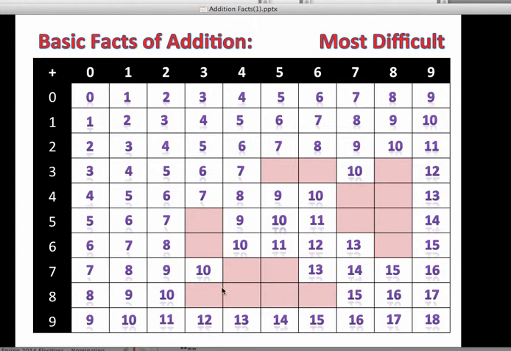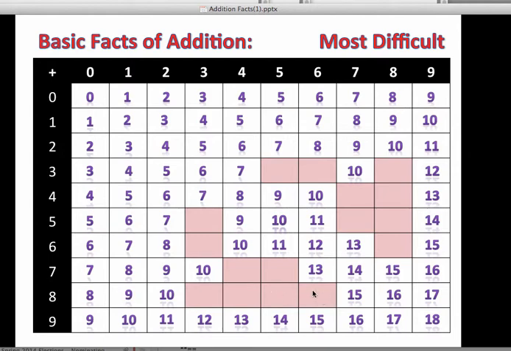And if you think about this, try really hard, but think about the addition problem that you are slowest to answer in your head. For me, probably 7 plus 5. 7, 5. It's one of the most difficult. 6 plus 8 gives me troubles too.